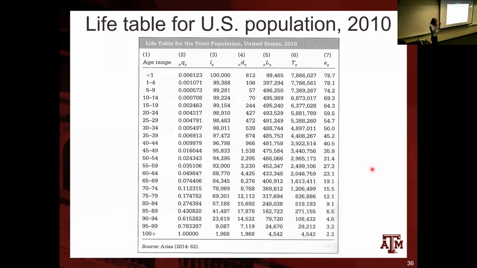Based on the age-specific mortality rate, I estimate the age-specific mortality probability. From the rate of mortality, I calculate the probability of mortality. And there is a formula to do that transformation that I'm going to show you in the Excel table.